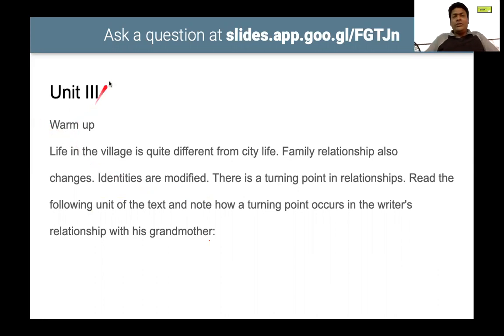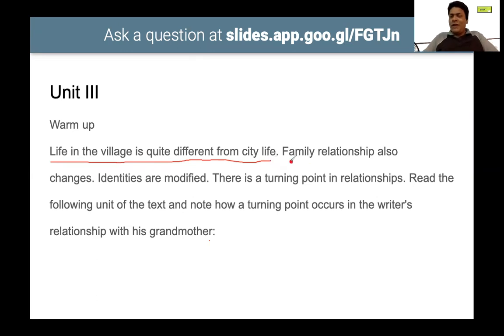Now coming to unit 3, it tells us that life in the village is quite different from city life. Now it is an argumentative question, right? So it tells us how village life and city life are different from each other.